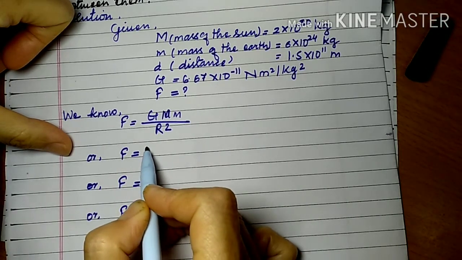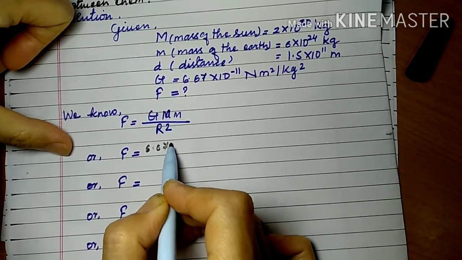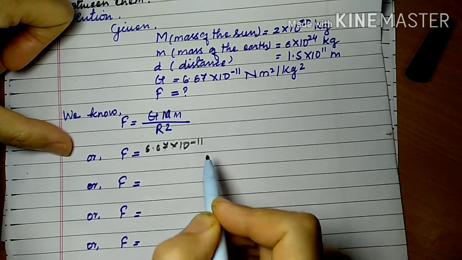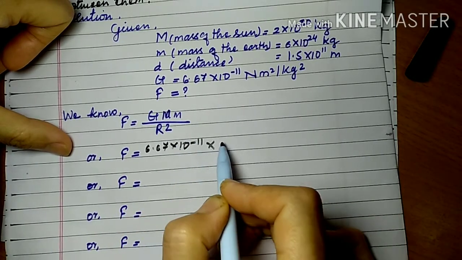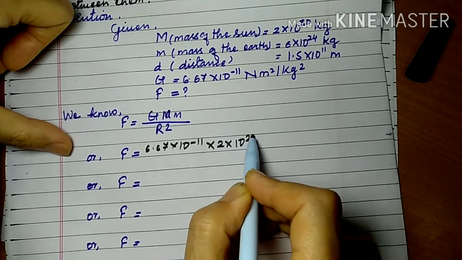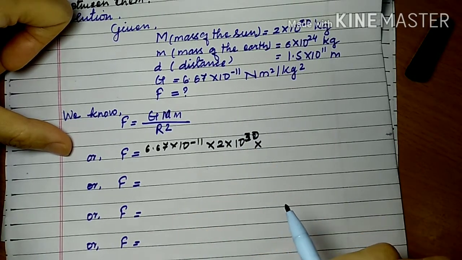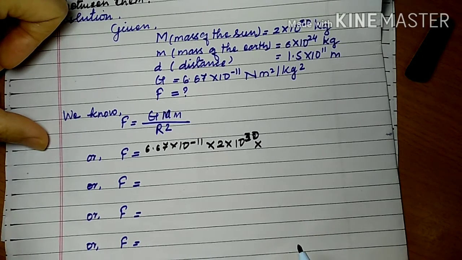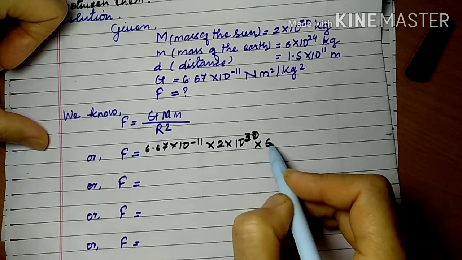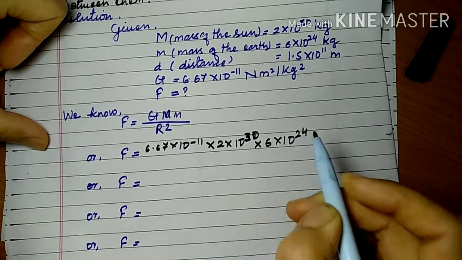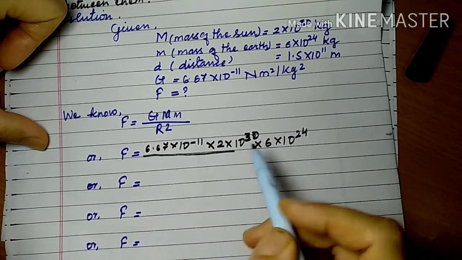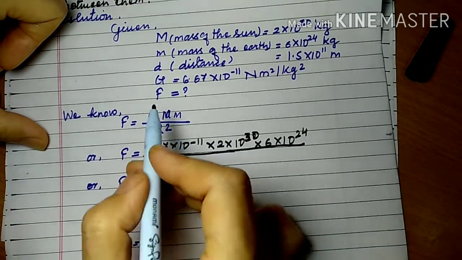G is 6.67 into 10 to the power minus 11 into capital M is 2 into 10 to the power 30, into small m, mass of the earth, is 6 into 10 to the power 24 kg. Then divided by r square.